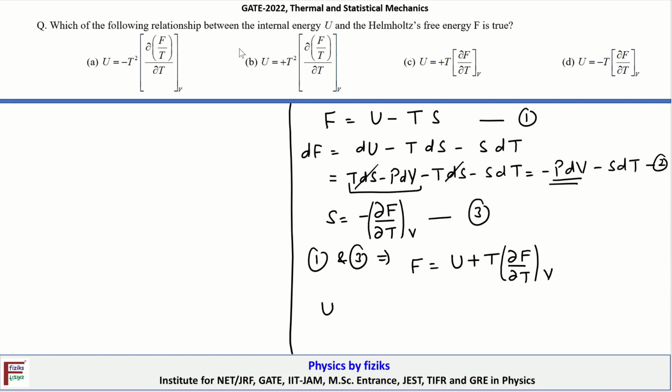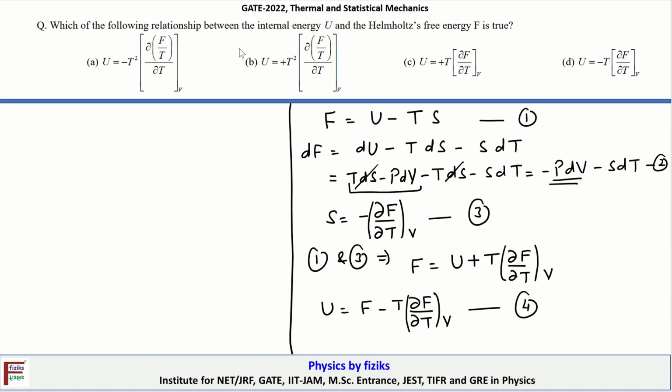From here I can write U as F minus T dF by dT at constant volume. Okay, so let's call this equation 4.